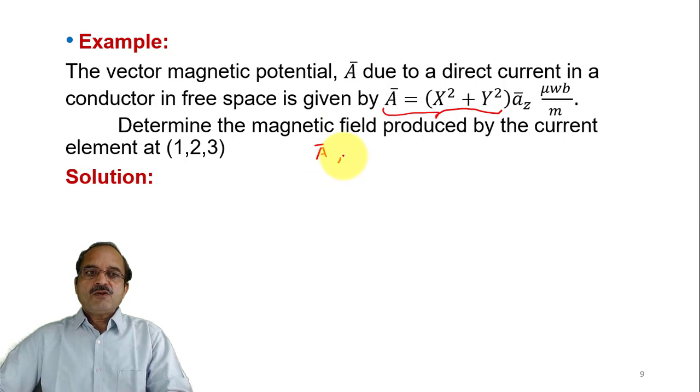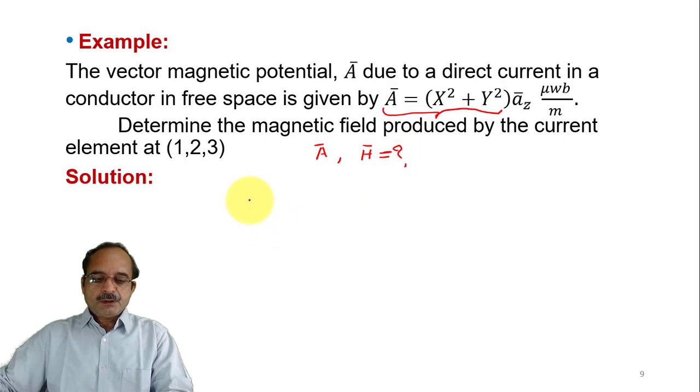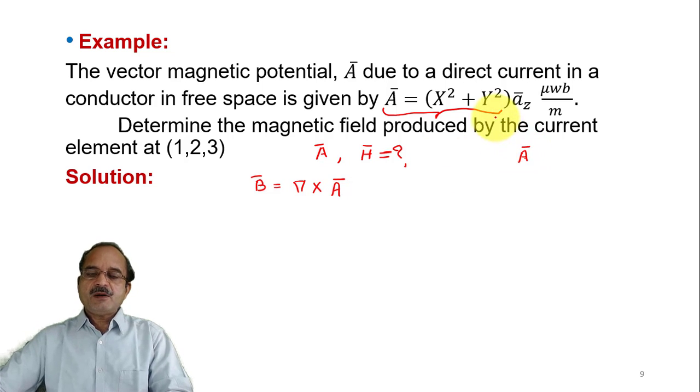Now from this we have to find out the magnetic field intensity produced by the current element. So let us proceed. Now we have defined the vector magnetic potential through B equal to del cross A. In this problem, A is given as x square plus y square.